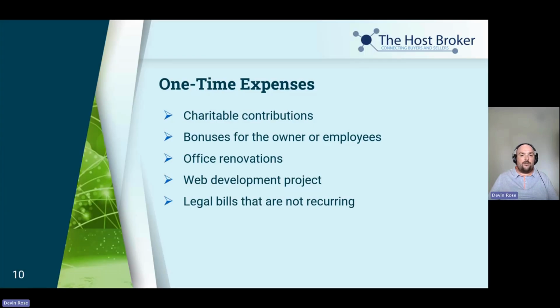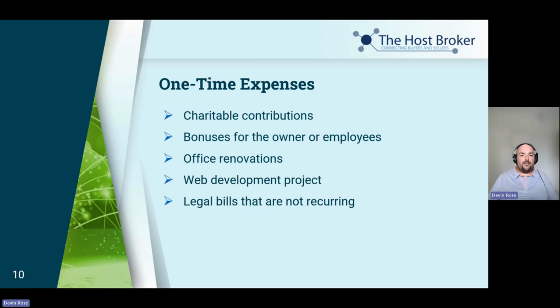One-time expenses. So, we would add back any charitable contributions, bonuses for the owner or for employees. The exception would be if there's a bonus for an employee that has been given for several years in a row and the employee is expecting it, then usually the buyer would want to continue providing that bonus to keep the employee happy, in which case maybe that wouldn't be a bonus to add back.